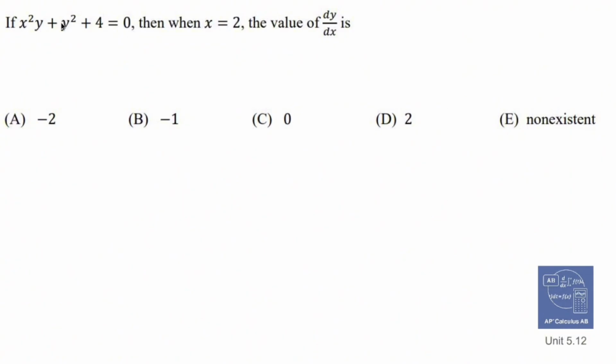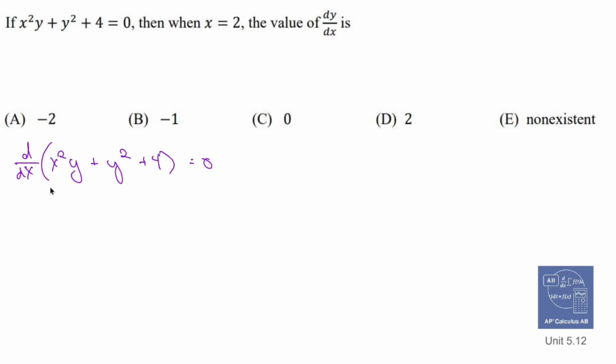If x squared y plus y squared plus 4 equals 0, then when x equals 2, the value of dy dx is. So we're going to have to use implicit differentiation and d dx both sides. So d dx of x squared y plus y squared plus 4 equals 0.